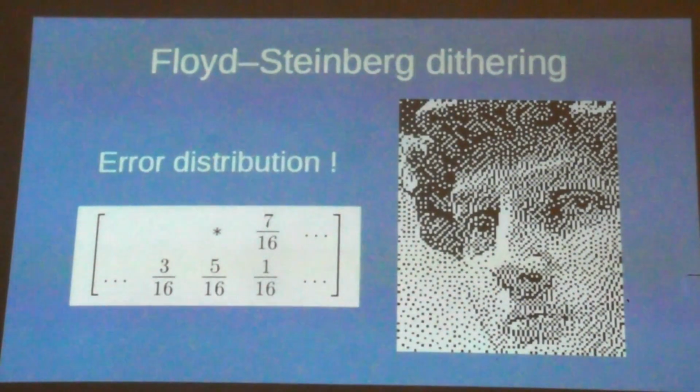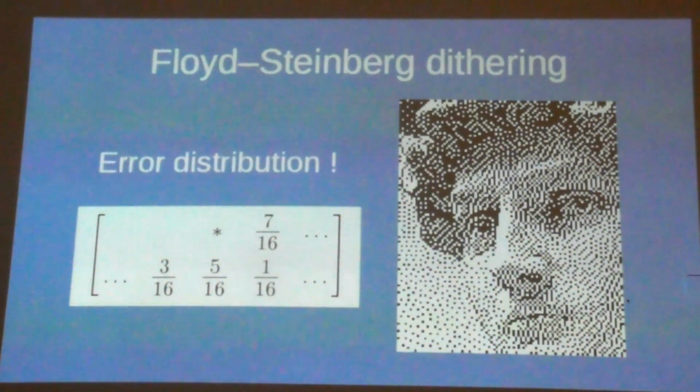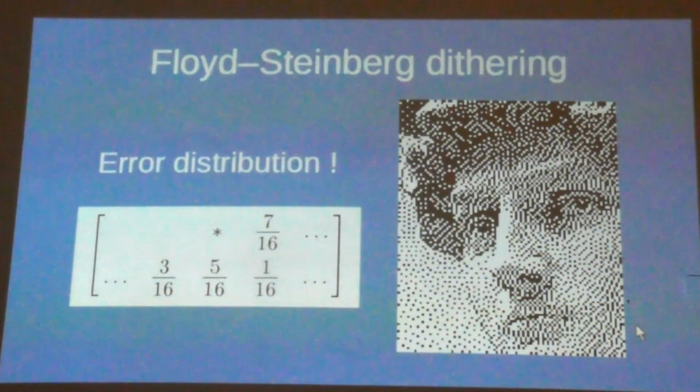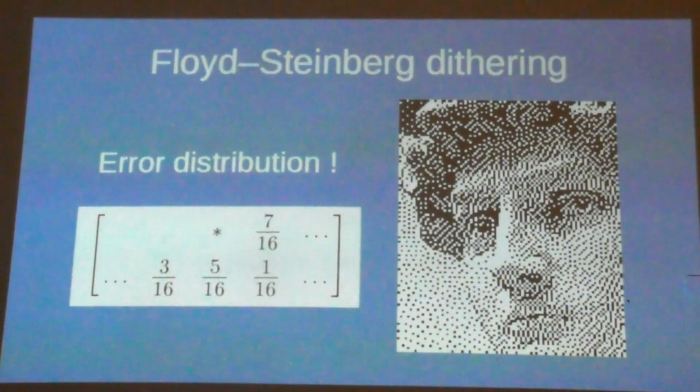This is very useful if you want to encode the picture in one pass, if you are just getting pixels one by one and want to convert them one by one. But it creates some ugly artifacts, like the rather regular diagonal lines that you see here. It's a very typical artifact, and it's all based on the fact that only 4 pixels are used for estimating the errors, only the pixels which were already converted.